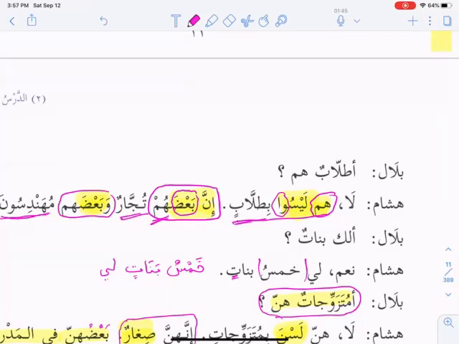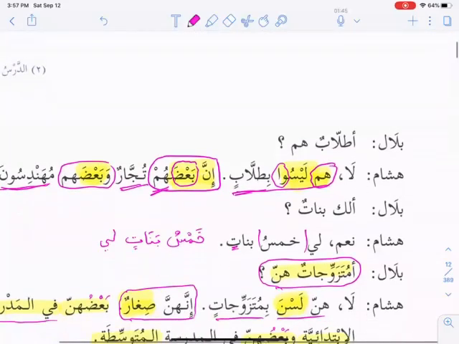Bila amutazawwijatun hunna? Are they married? La hunna lasna. See? So this noon is those ladies, lasna. See how it is? Las, this is the fi'l, and na is the ismu laysa. Okay? La hunna lasna bi mutazawwijatin.